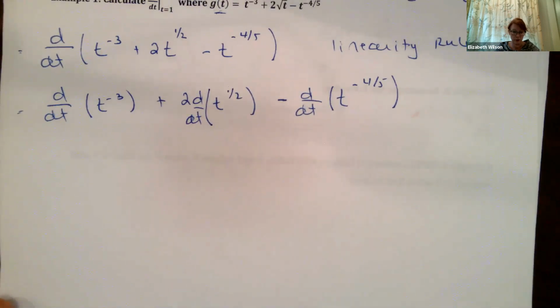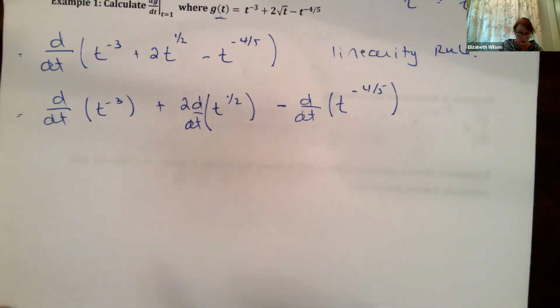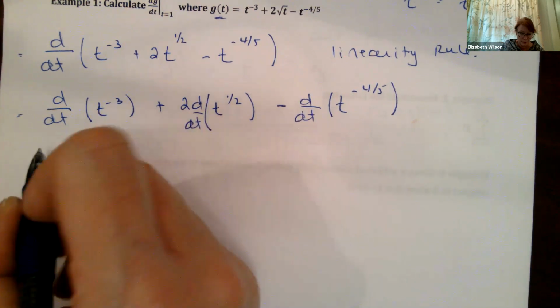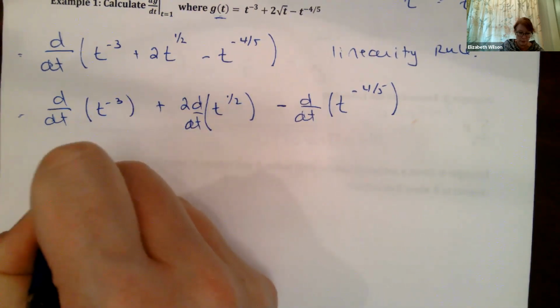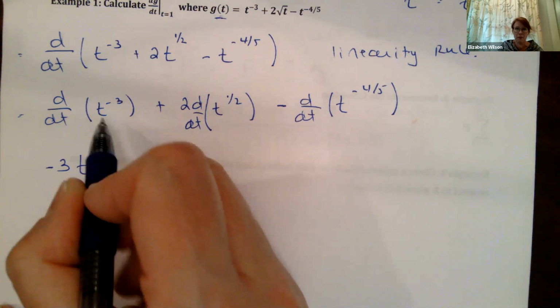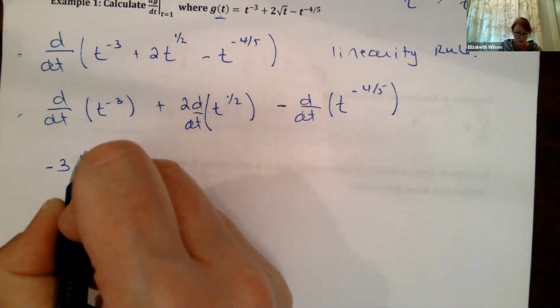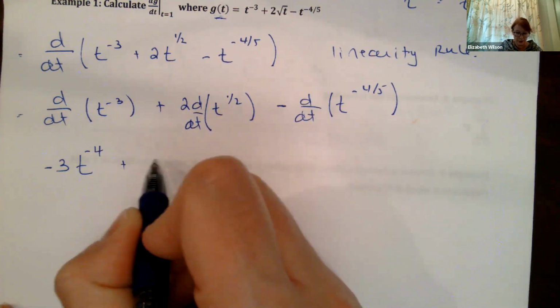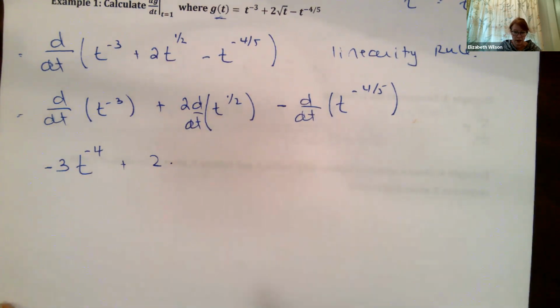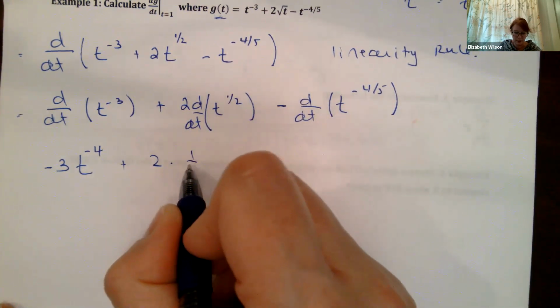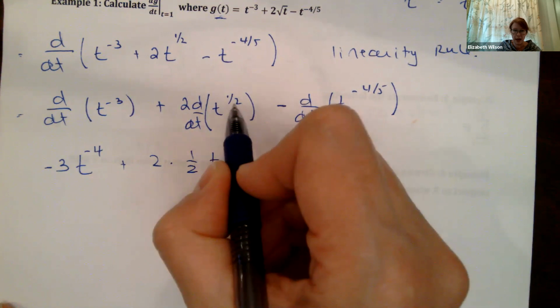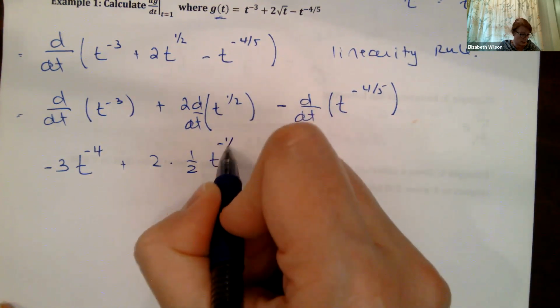So let's go ahead and do it. I'm going to do the power rule on each piece. On this piece, I bring my exponent down out front, repeat my variable, and subtract 1 from the exponent. Minus 3 minus 1 is minus 4. I've got my 2, my constant multiplier, 2 times, I bring my exponent down out front, t to the 1/2 minus 1 makes it minus 1/2.